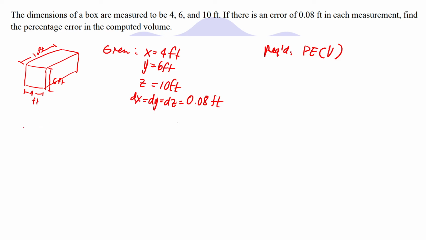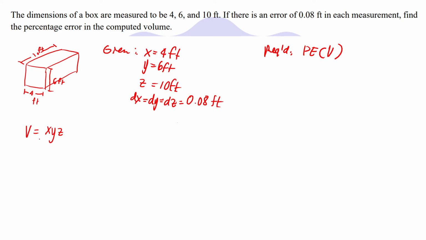Okay. So what is the volume equation for the volume of this box? That will be length times width times height. In this case, it's x times y times z. So, using partial differentials, we need to get the total differential of your volume, so we can apply dx, dy, dz. Okay. We could also do it without partial differentials, just like I said earlier, it's the same concept, we're just using a different method of solving.